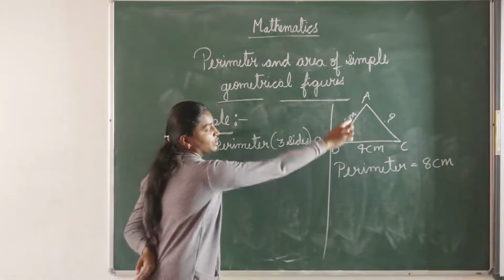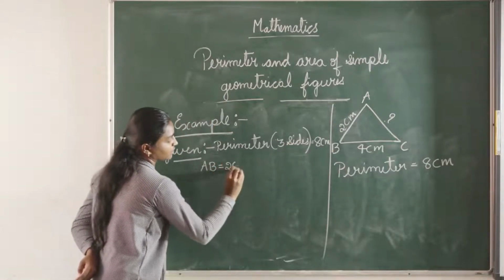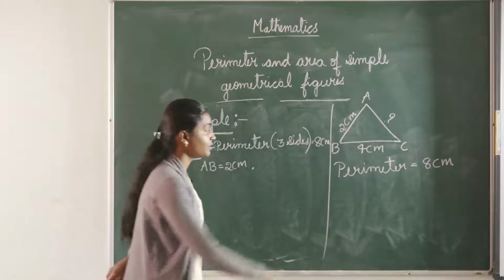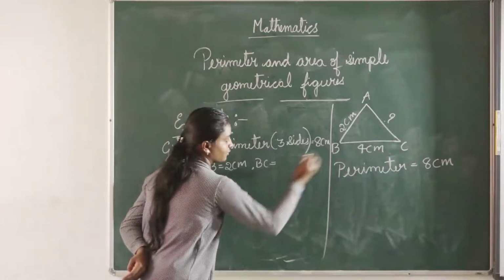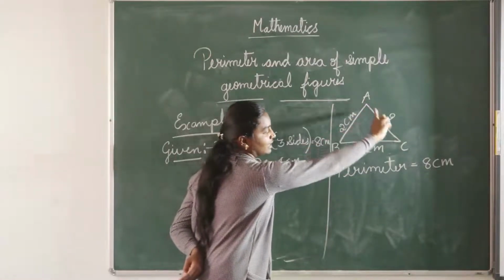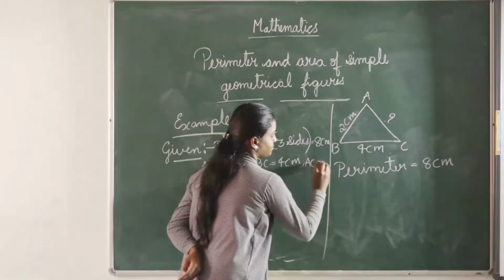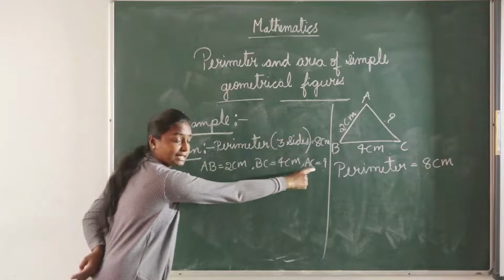They have given measurement of AB is 2 centimeter. Then they have given measurement of BC, that is 4 centimeter. So what we have to find here? That is AC. Now using all these things, we have to find AC.